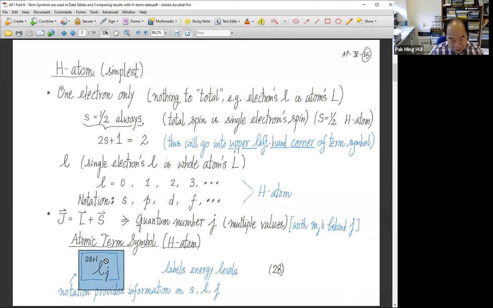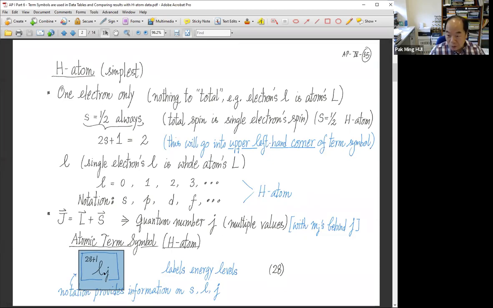L in the middle, the bigger one. As a subscript, there's a J. As a superscript is 2S plus 1, not the S, but 2S plus 1, which is more convenient to tell you the spin multiplet. 2S plus 1 is how many Z components are hidden behind that S. That is the term symbol.